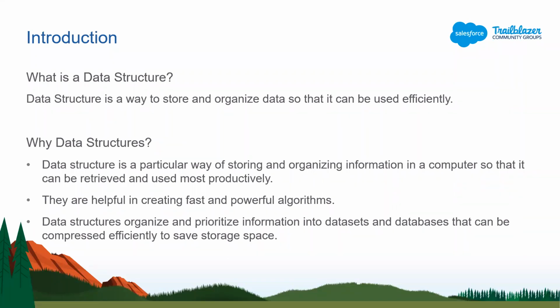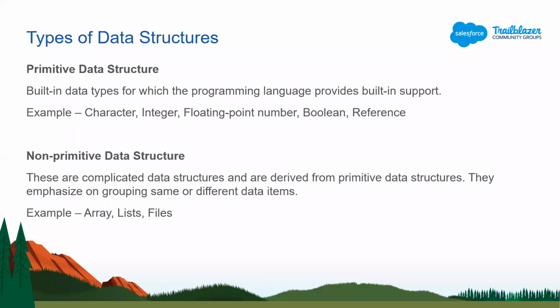Now we'll go to the next slide, which is types of data structures. There are two types of data structures: one is primitive data structure, and the next one is non-primitive data structure. A primitive data structure is supported by the programming language, and we don't need to do anything in that. We can just use the built-in data types that are provided by any programming language.